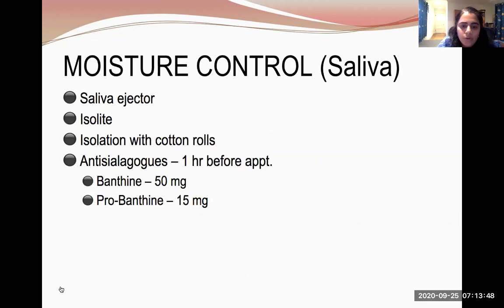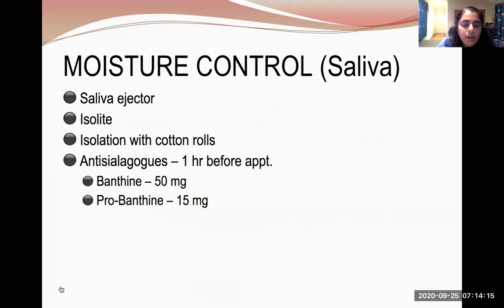I always use cotton rolls in the buccal sulcus while taking impression and while cord packing if isolite is not available. There is another technique that involves using anti-sialogogues. So what are anti-sialogogues? The dosage that we give is Banthine 50 milligrams and Probanthine 15 milligrams.